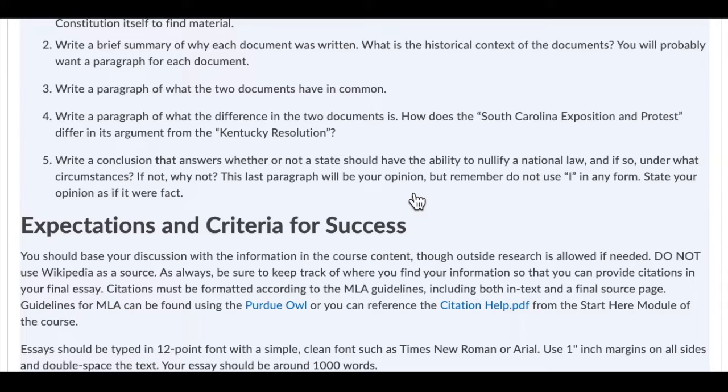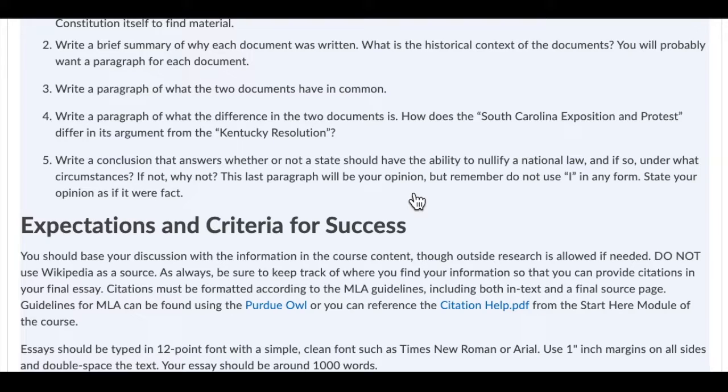But if you argue that a state should not have the ability to nullify a national law, you've got plenty of evidence in history as to why that's trouble if a state can nullify a federal law. There are many instances of states attempting to do this, and many instances of when disaster occurred at the time a state tried to do this.